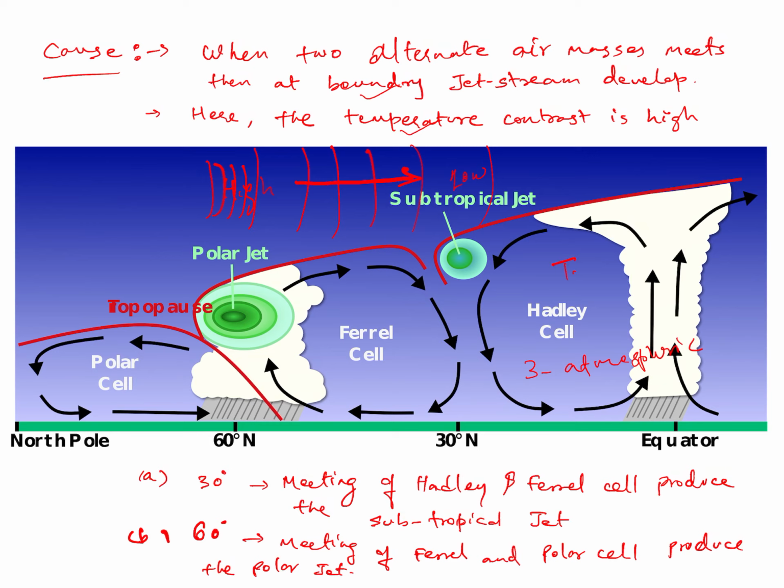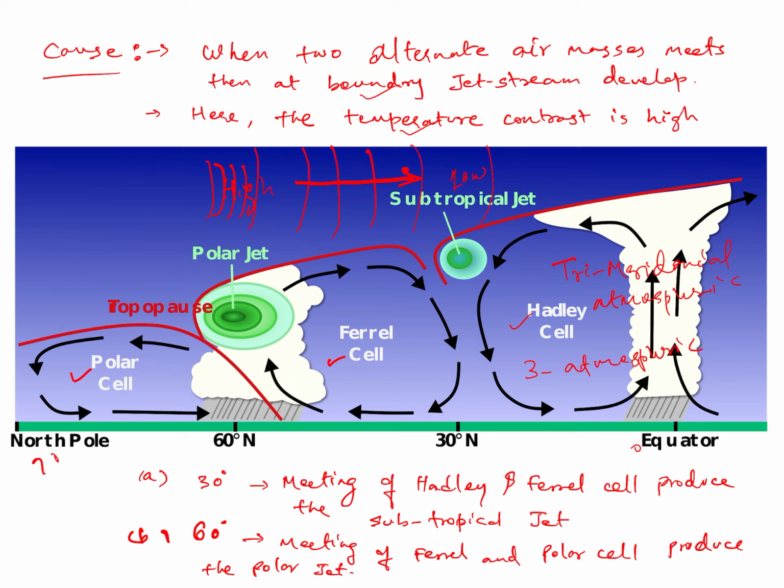This concept is called the meridional atmospheric circulation system. It consists of three cells: 0 to 30 degrees is called the Hadley cell, 30 to 60 degrees the Ferrel cell, and 60 to 90 degrees the polar cell.